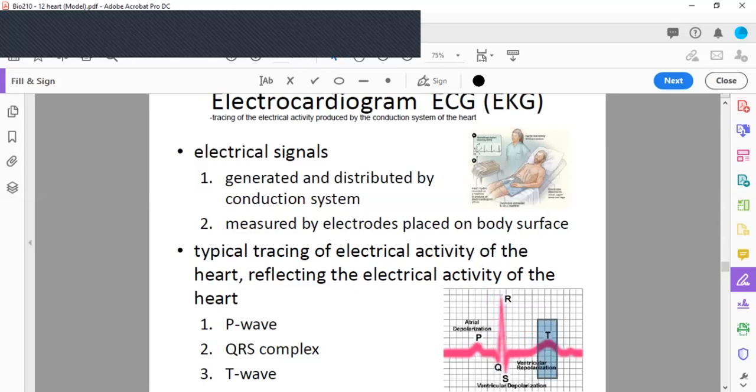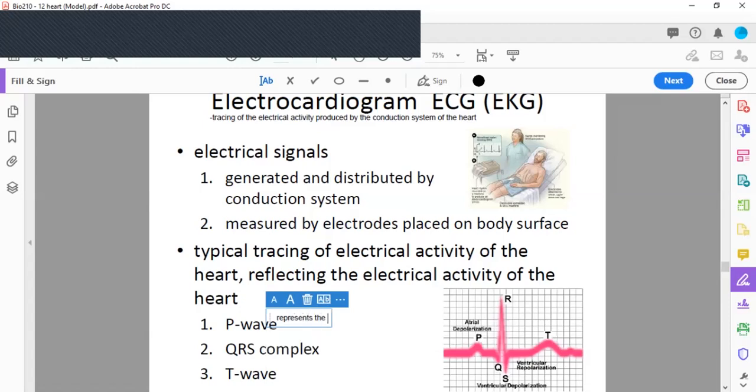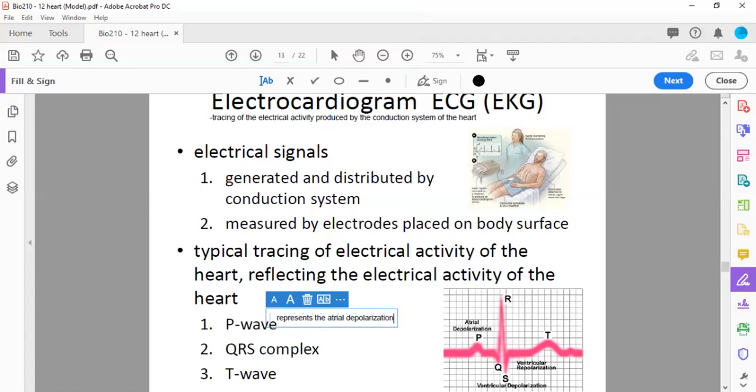Okay, so let's go one by one. The P wave represents atrial depolarization, which produces the P wave.